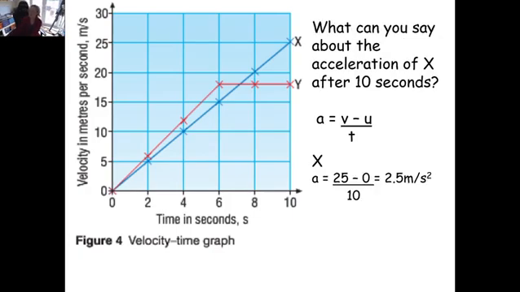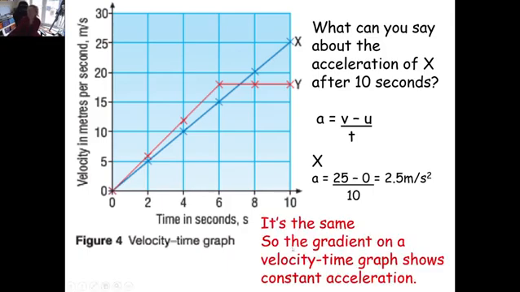So if you look at car X, just finishing off this example, after 10 seconds it had travelled up to 25 meters per second, so the change in velocity was 25 minus 0, and that was all in 10 seconds, so it remained at 2.5 meters per second squared. Just reiterating again that it's telling us that this object is moving at a constant acceleration.